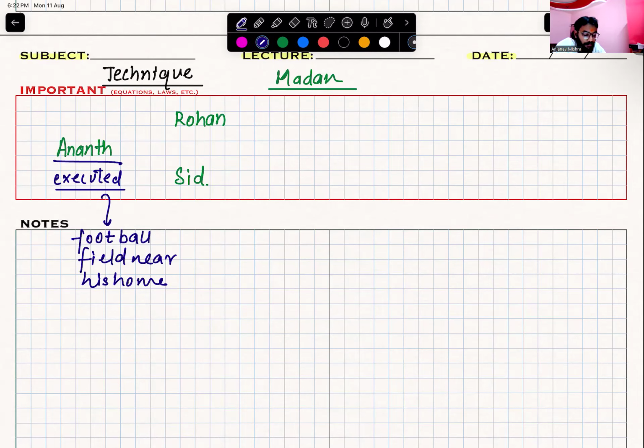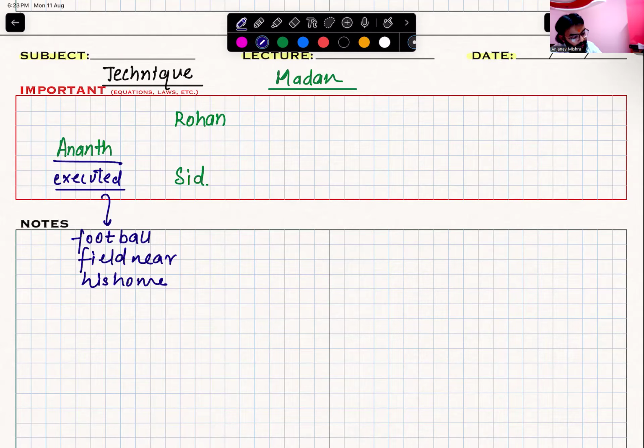Out of the 3 people, 1 person has died, and the other 2 are at their home or something like that. So Madan decides to investigate the scene.